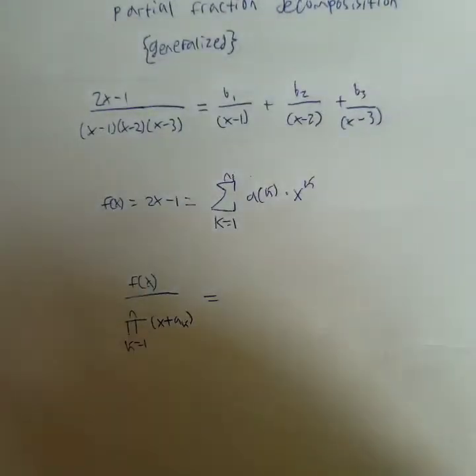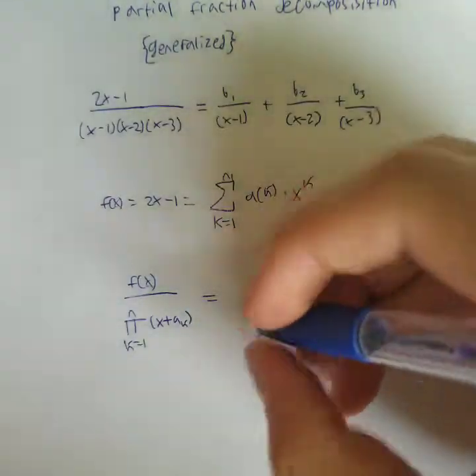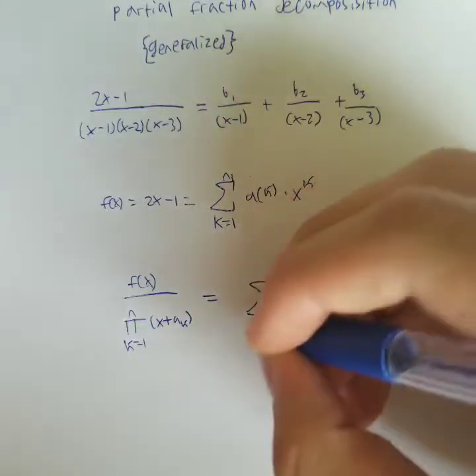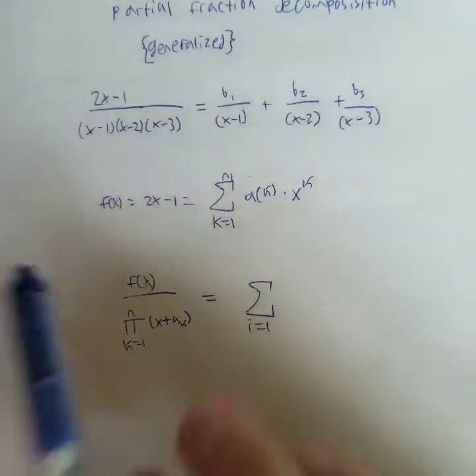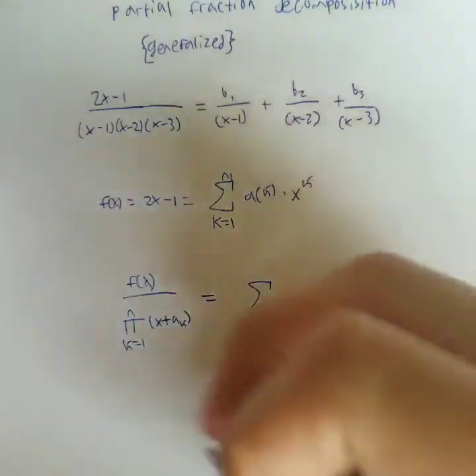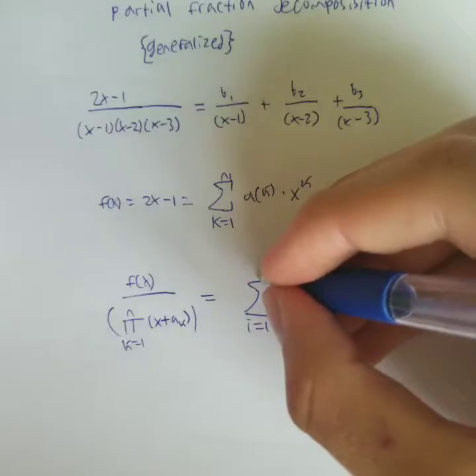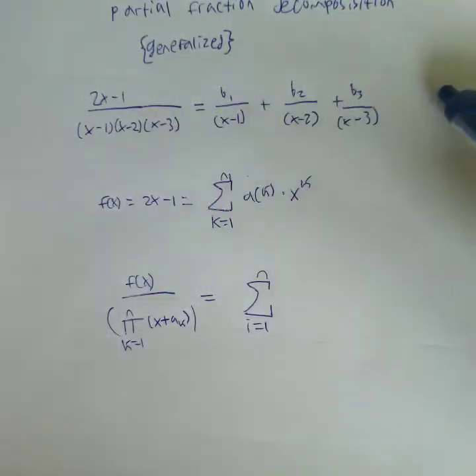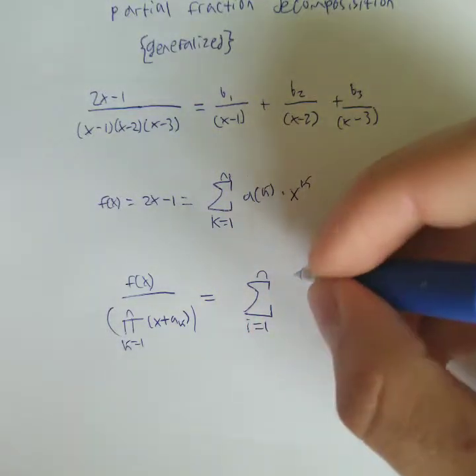So this can be written as a sum from i equals 1, because I want to treat this independently from the product, all the way up to n, because there are n terms here.